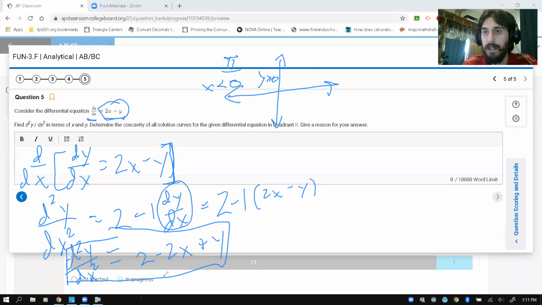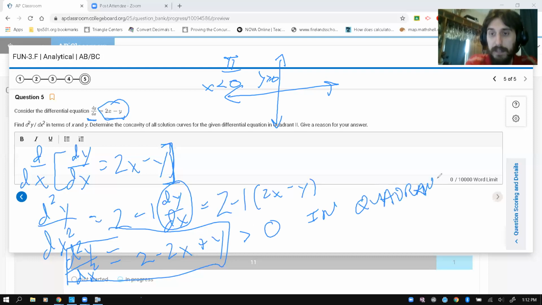So if we do a little bit of number theory thinking about this, I have a positive number minus 2 times a negative number plus a positive number. A negative times a negative is positive, plus a positive. So I've got a positive plus a positive plus a positive, which means that this answer will be greater than 0 in quadrant 2 for any point.